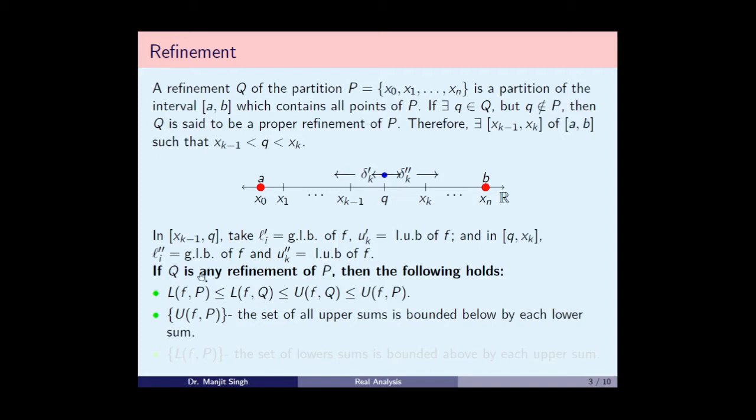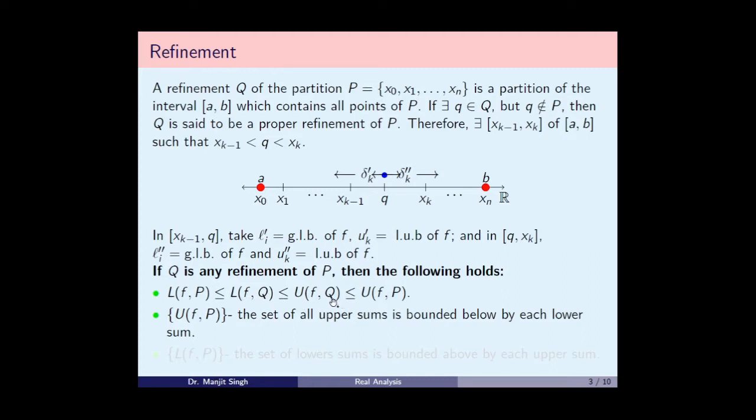But here we see that Q is a refinement of P, so the lower sum with respect to partition P is less than or equal to the lower sum with respect to partition Q. There is a reverse situation in the case of the upper sum: the upper sum with respect to partition Q is less than or equal to the upper sum with respect to partition P. So as we take a refinement of some partition P, the lower sum increases, but the upper sum decreases.